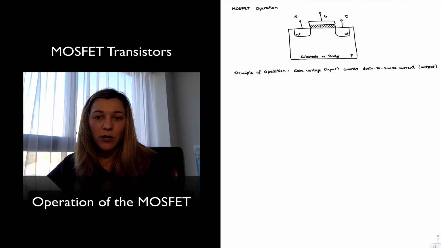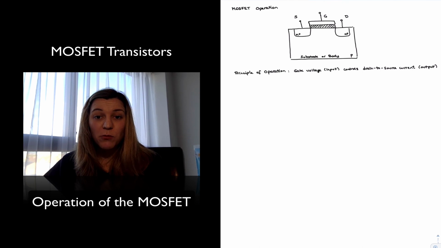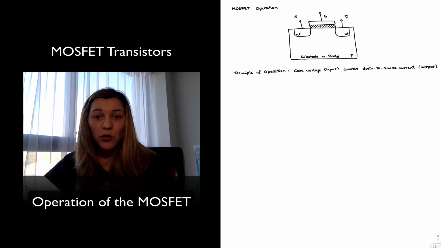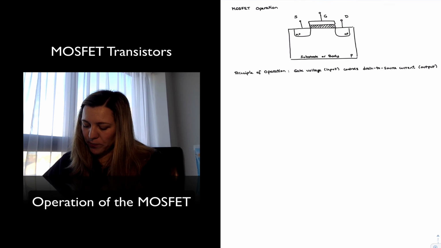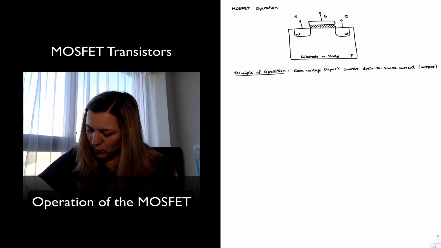Now, typically, when we refer to a voltage, we refer to a voltage with respect to some reference point. And so when I talk about the input being the gate voltage, more correctly it is the delta between the gate and source voltage. So we will label it VGS. So I'm going to write my input signal will be VGS.